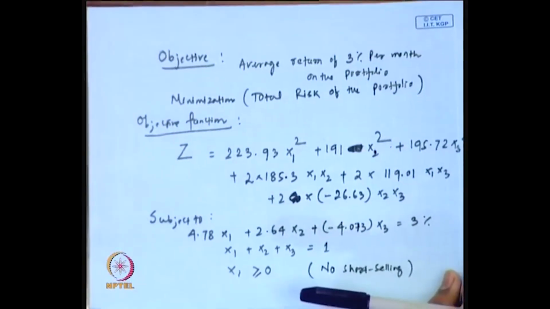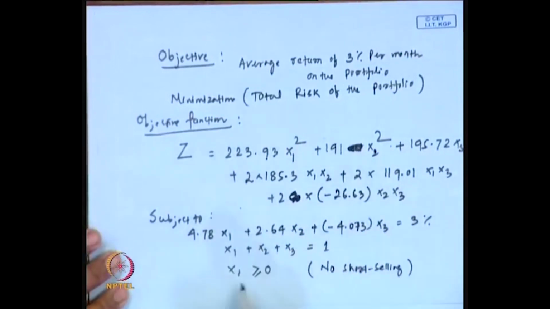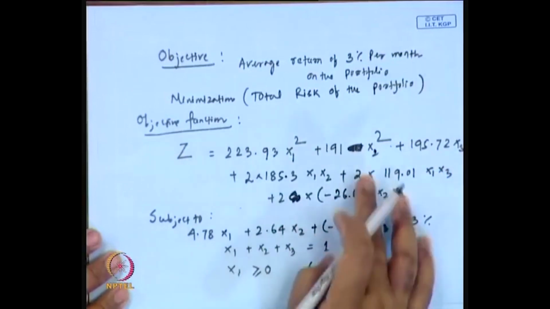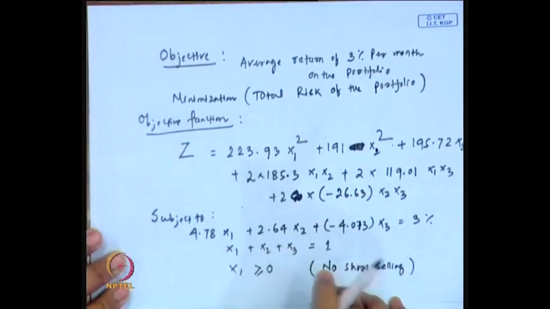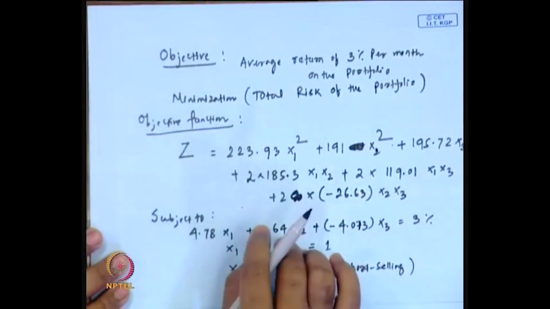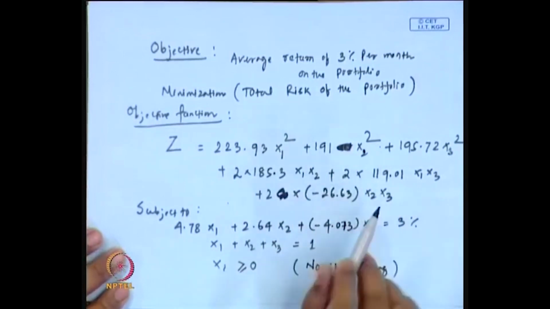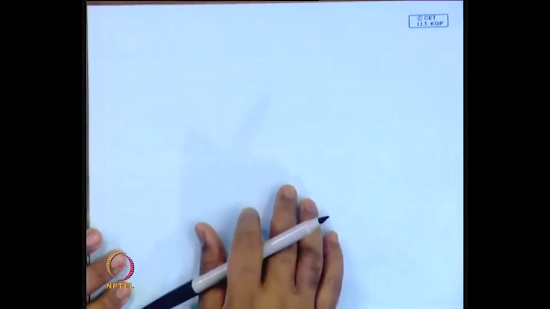So, this is basically you have now fixed your objective here. This is your objective and this is your constraint, and using this objective function and the constraint function, now our objective is to find x1, x2 and x3. So, how can we get x1, x2 and x3?